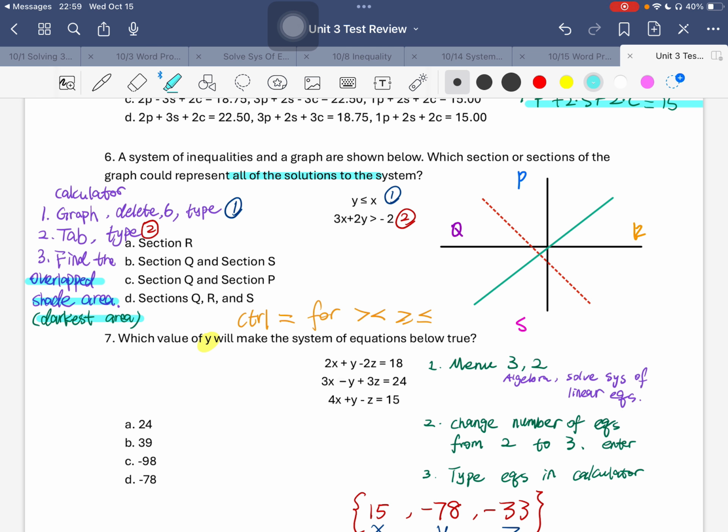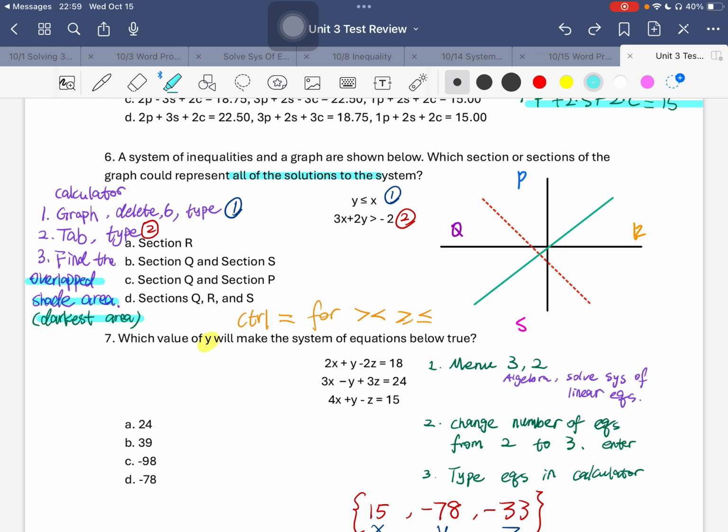So how do we use calculator? First thing is graph, and we delete, and we press delete 6, and we type inequality 1. After we press enter, we have our inequality 1. Now the second step is tap and type inequality 2.